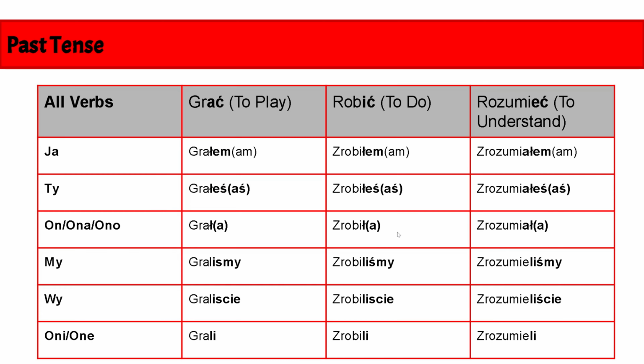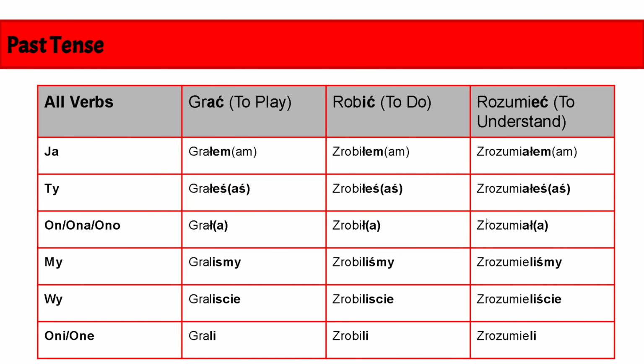But these three are different. And over here we have the verb rozumieć, the ę stand-in. And again, we have that Z, but you can just safely ignore it.